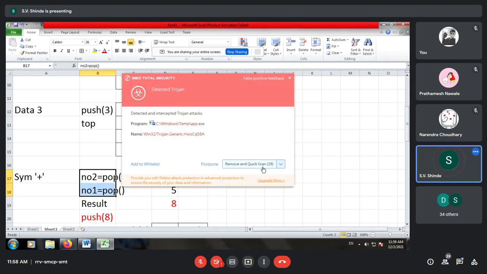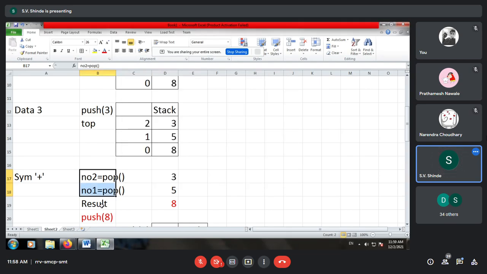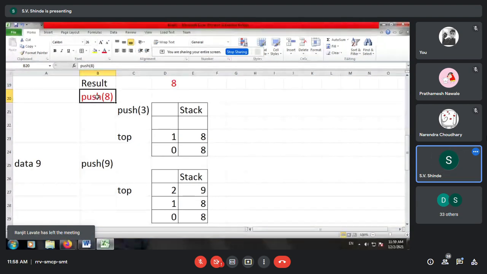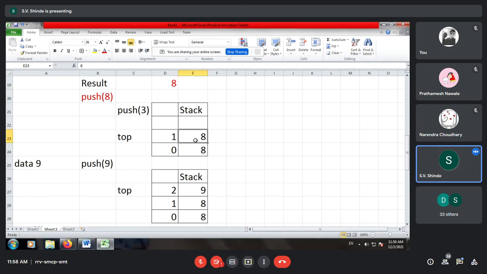And then we execute the operator plus to get the result. Similarly, we have pushed the contents on the stack again because there were more symbols in the expression string, and stack was not empty. So we push this 8 again on the stack.